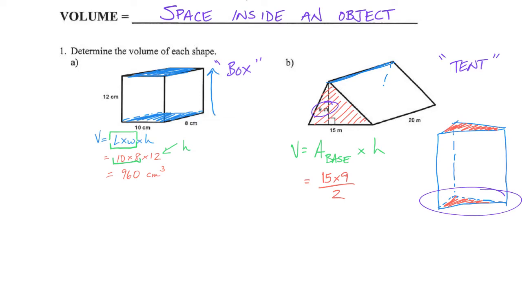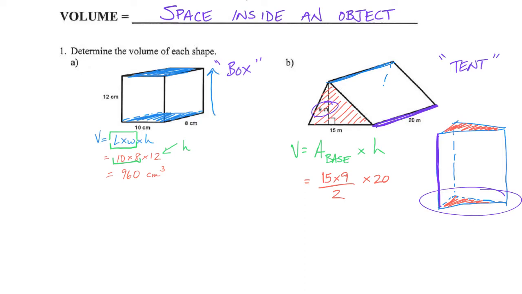But when we take a look at the blue diagram on the side, we'll notice that what we're really talking about is this dimension that I'm highlighting in purple. Really, it's like, how deep is the tent? And so maybe we can recognize that there's your 20.